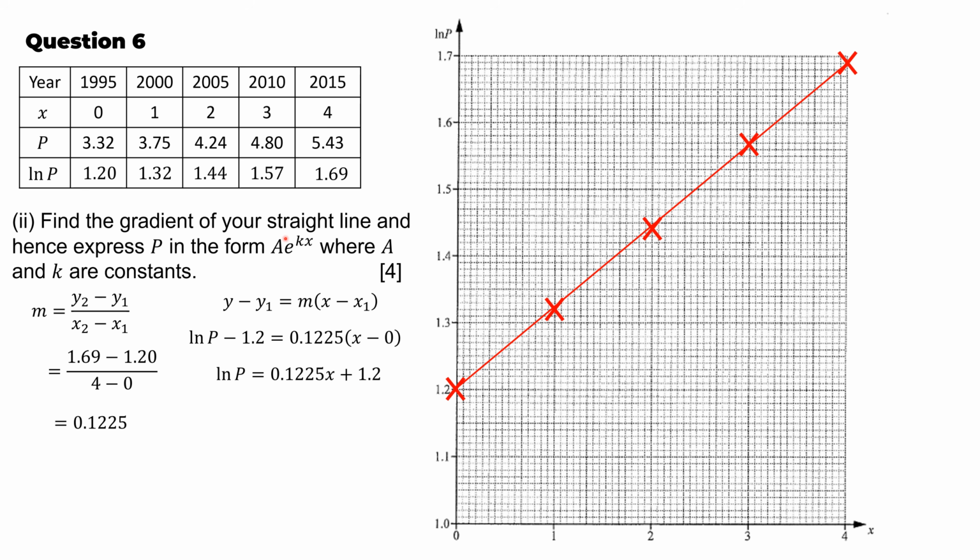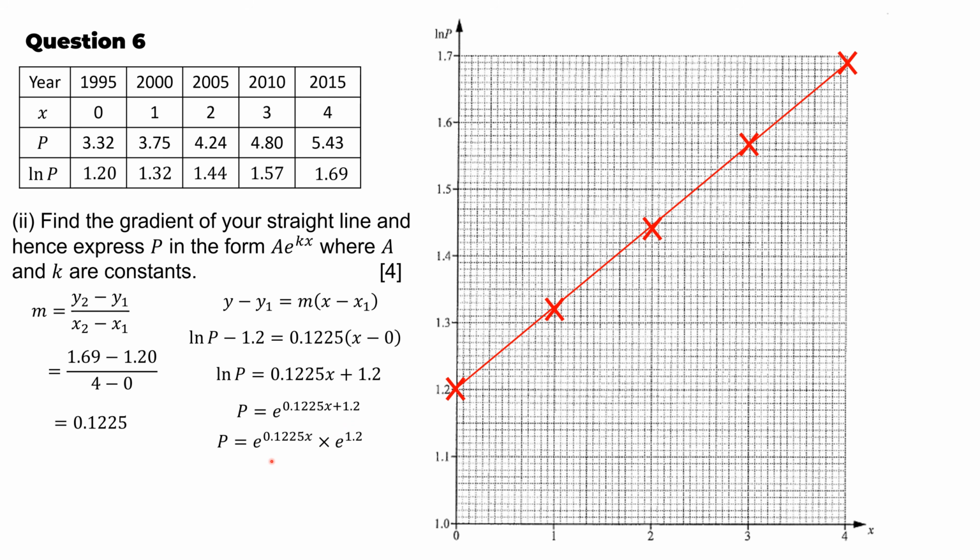Alright, the next thing we need to do is express P in the form a e to the power of kx. So now we anti-log this equation. P will be equal to e to the power of 0.1225x plus 1.2. Since these are indices, the plus in the power can be split, becoming multiply.